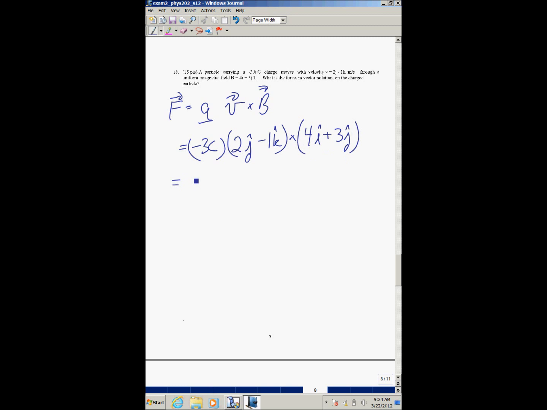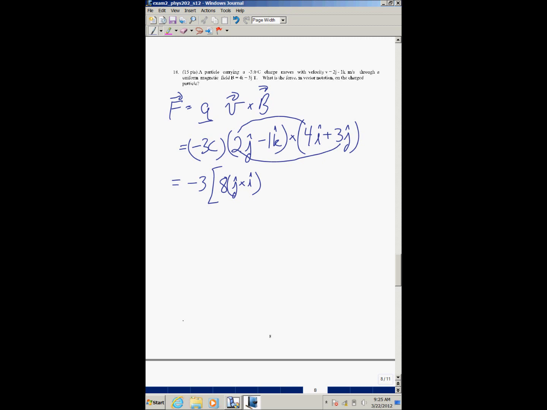Alright, so -3, and then you do FOIL: first, outer, inner, last. Or there's another way you can do this where you set it up in a matrix, and I think one of you did it that way that you learned in Calc 3. Alright, so just do the FOIL method. So I have 2 times 4 is 8, J cross I. 2 times 3 is 6, but that's J cross J, so that's 0.